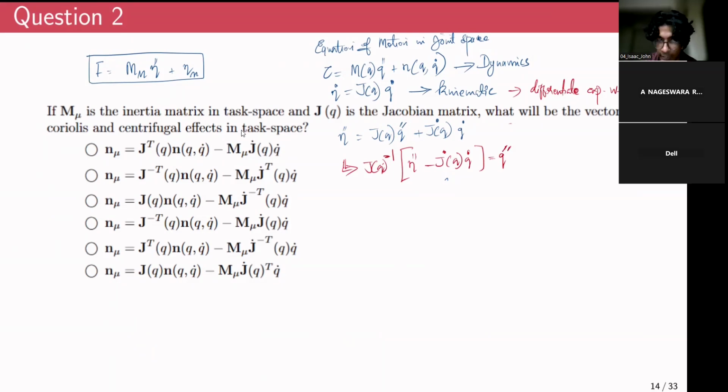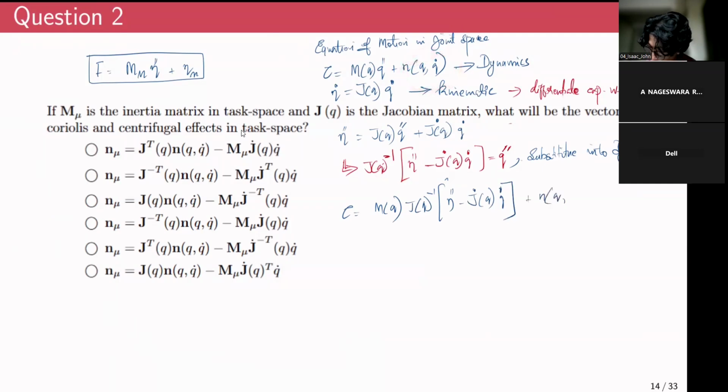And if I substitute this into the dynamics equation, I will end up with tau equals M of q times, instead of q double dot, this expression: J of q inverse times eta double dot minus J dot of q, q dot, plus N of q, q dot.